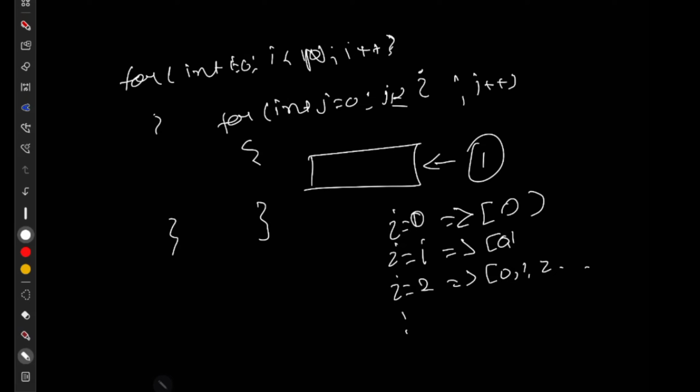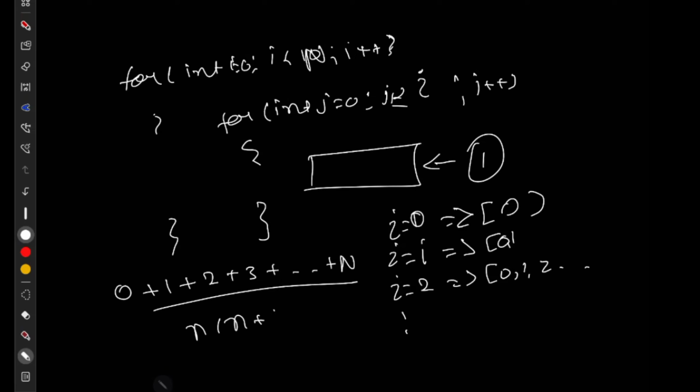How many times is the inner loop implemented? How many times will the inner loop run? First of all, 0, then plus 1, 2, 3, up to n times. This is the formula of the first n natural numbers, so we can write n into n plus 1 divided by 2.